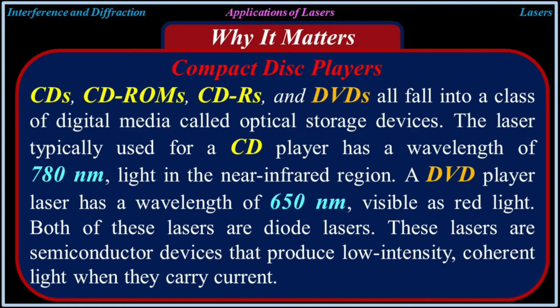A DVD player laser has a wavelength of 650 nanometers, visible as red light. Both of these lasers are diode lasers. These lasers are semiconductor devices that produce low intensity, coherent light when they carry current.